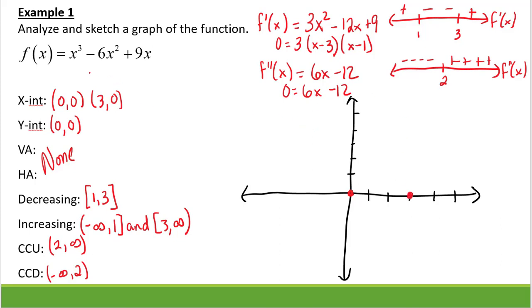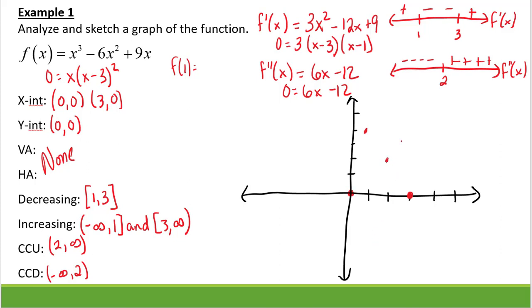And remember, this is a touch and go. Remember this factored when I set it equal to 0 to this, which means that it's what I call a touch and go. It's a double root. So it kind of looks like a parabola at that point. We have 1. What I would do is I would plug in and find f of 1. And finding f of 1, I get 4. When I find f of 2, I got 2.